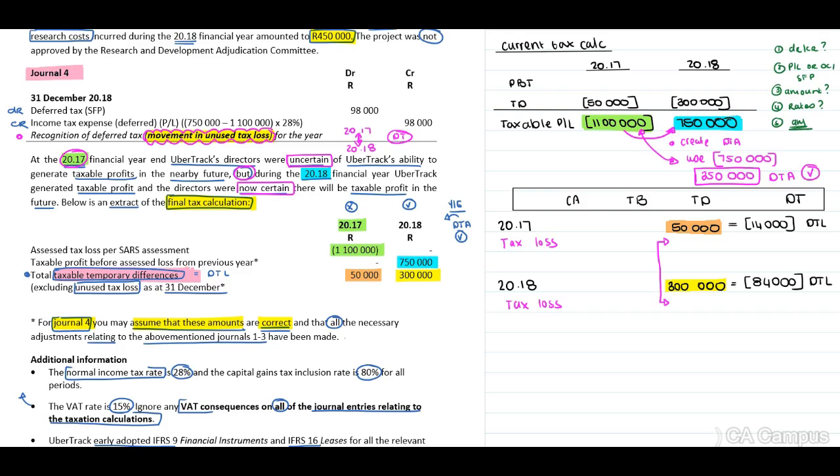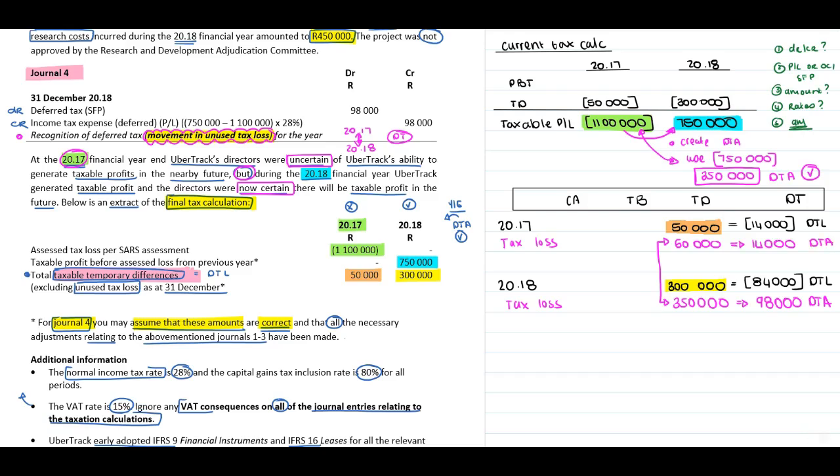Therefore, at the end of 20.18, we need to recognize the 350,000 deferred tax asset. And this is a value of 98,000 deferred tax asset. And for 20.17, guys, we have a taxable temporary difference. If we have a taxable temporary difference, we are able to recognize 50,000 of our unused tax loss against this taxable temporary difference, therefore a deferred tax asset.